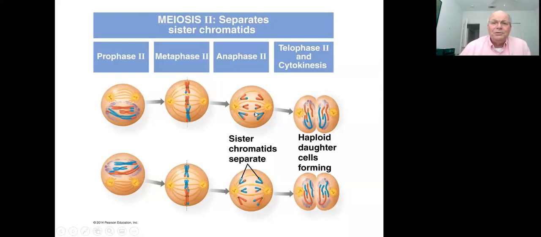In anaphase 2, the centromeres rupture, allowing the sister chromatids to migrate to opposite ends of the pole. Nuclei form up, and in the end, we have four daughter cells, each containing a haploid number of chromosomes. But this looks very much like mitosis.